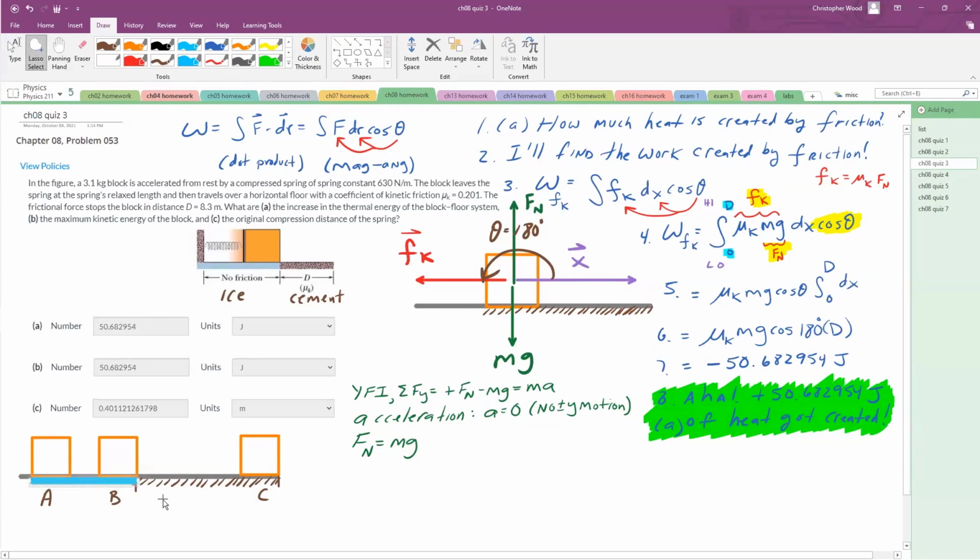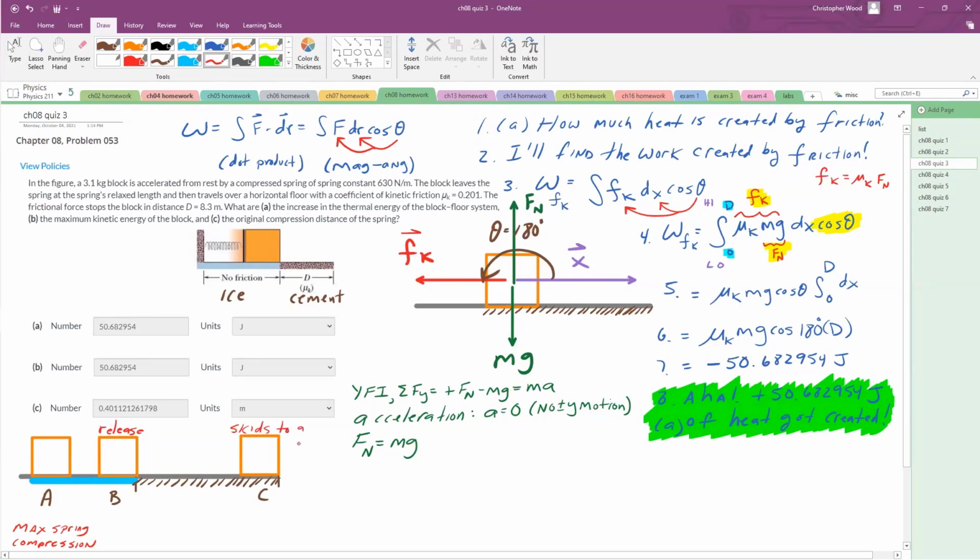A is when this is happening at maximum spring compression. B is the release point, when the block is released from the spring, and this is where it skids to a stop.